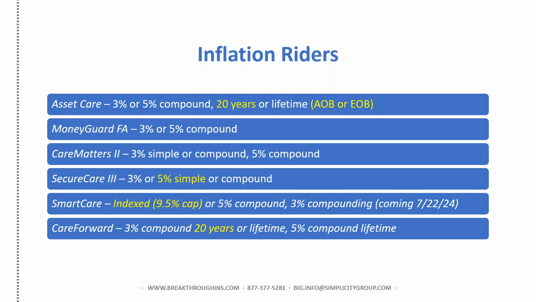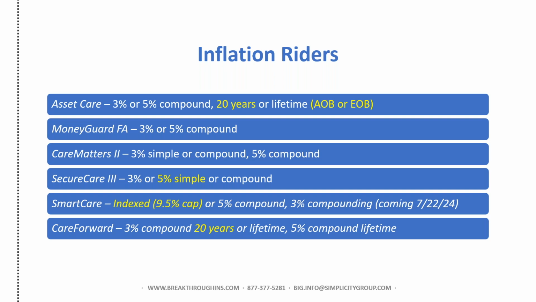So you can put inflation on the AOB or not, and then add it to the EOB as an example. This is just another way to get down the price with the asset care product by eliminating the inflation on one or the other of these two silos that we talk about. Every other carrier, you either choose inflation for both or not.